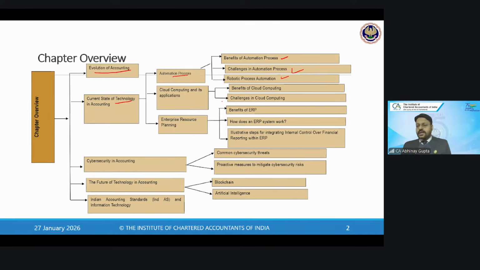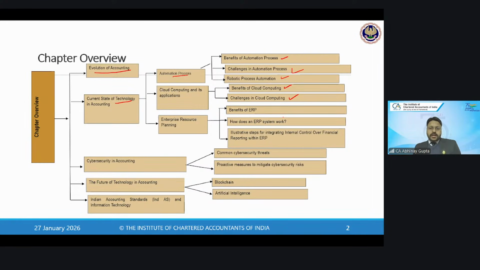What do we mean by cloud computing? That we will understand. We will see some use cases in practical life for cloud computing, and then we will see the benefits which are attracting a lot of companies towards cloud computing, right? And what challenges are we still facing in cloud computing, right? So we will go one by one on these terms.